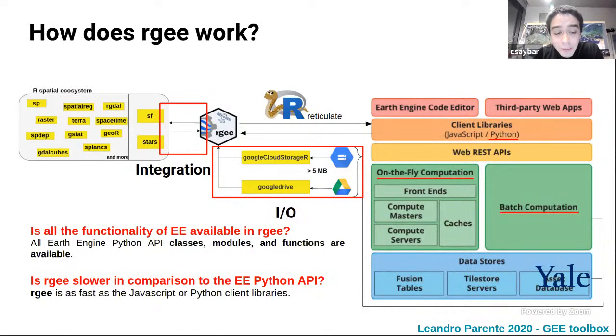And the other question is whether RGE is going to be slower in comparison to the Earth Engine Python API. In the experiments and in my experience, I never had any problem with the speed. And in my opinion, RGE is as fast as JavaScript or the Python client libraries.